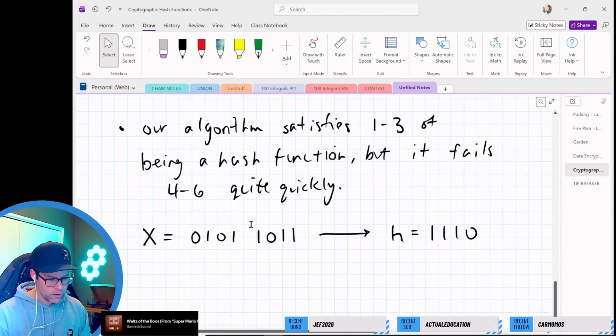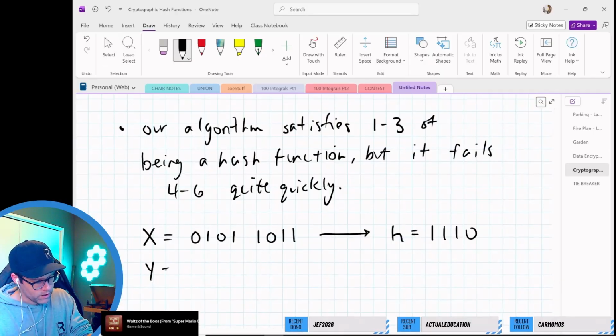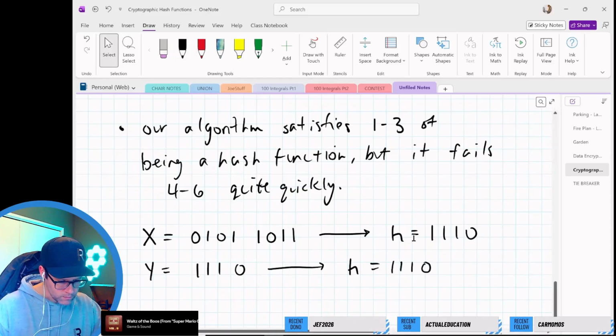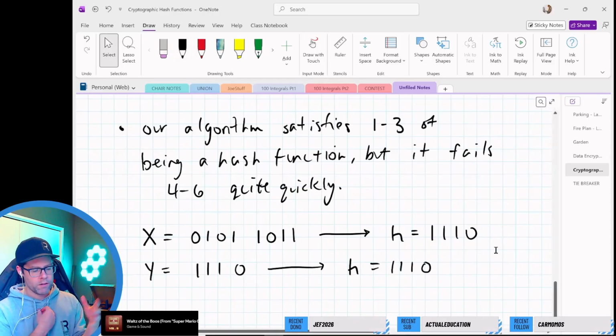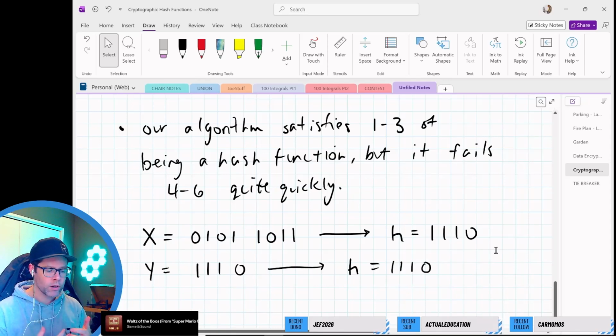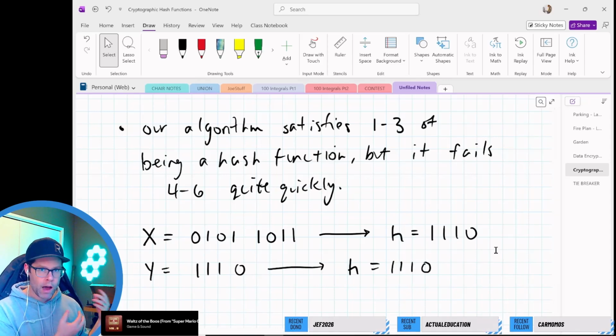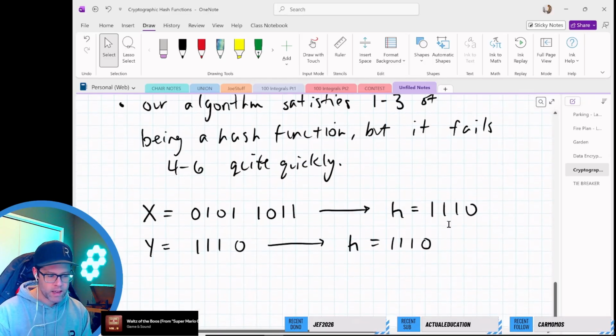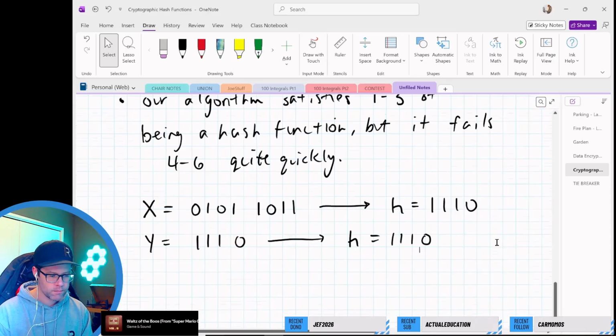I will leave it to you as the students to show that if we start with 1110, the output that we get from inputting that into our algorithm is also 1110. So in other words, we found a collision. We found an instance where 2 inputs give us the same output, and that would very quickly make this fail properties 4 through 6.